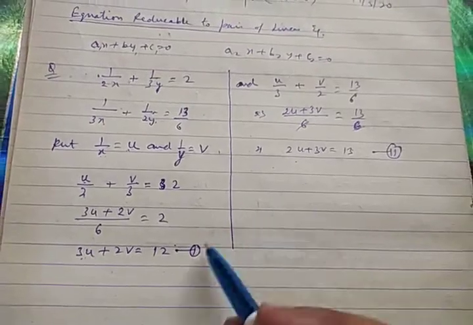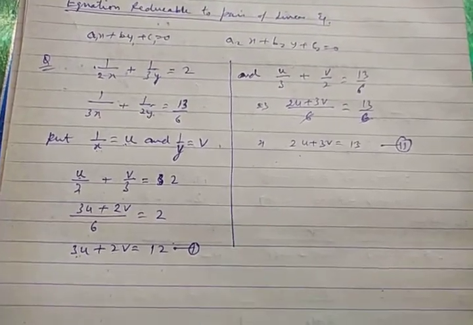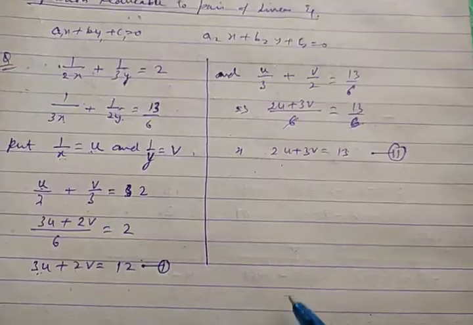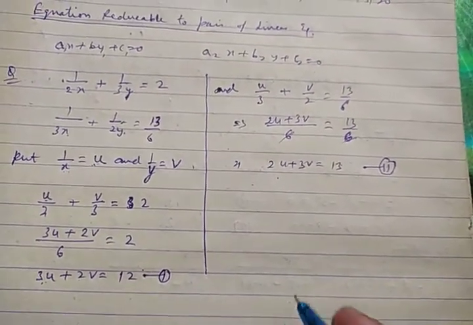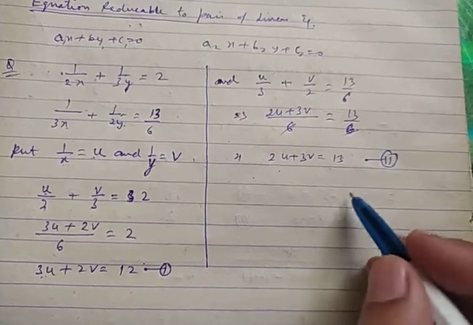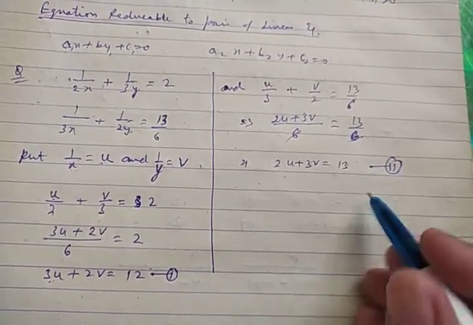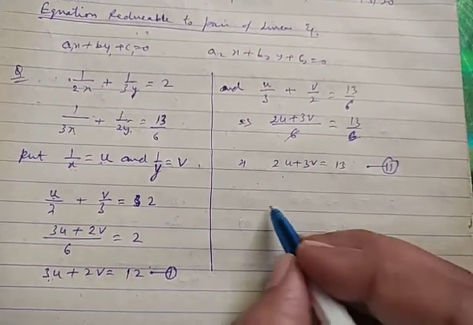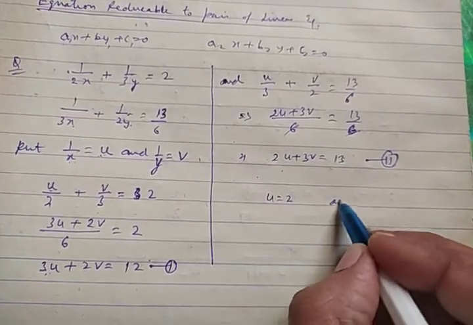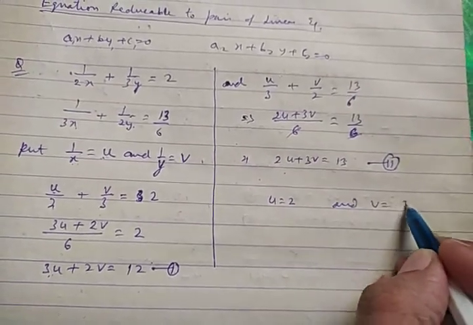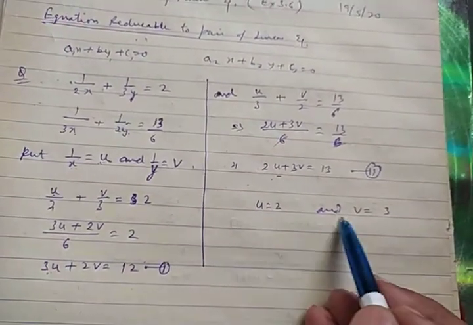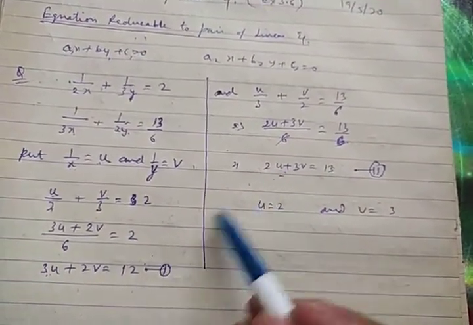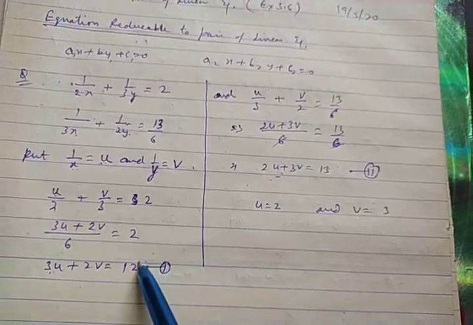I am just taking an example. Let us consider that after solving the equations, the value of u comes 2 and the value of v comes 3. This will be obtained by solving the equations by any of the previous methods.